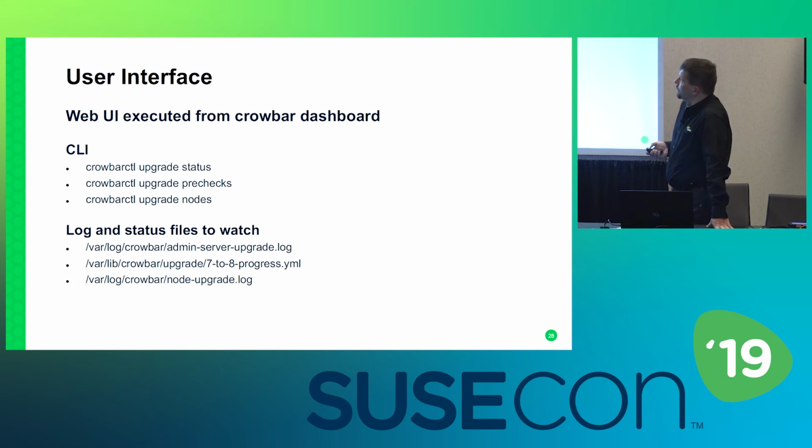I kind of implied, but I'm not sure if I said it explicitly, that the upgrade provides a set of tools. There's a web-based tool that is basically the extension of the Crowbar web UI, and there's a command line tool. You basically have this crowbarctl upgrade command, and you provide a set of steps that have to run in a specific order, and each step does a specific action related to the upgrade.